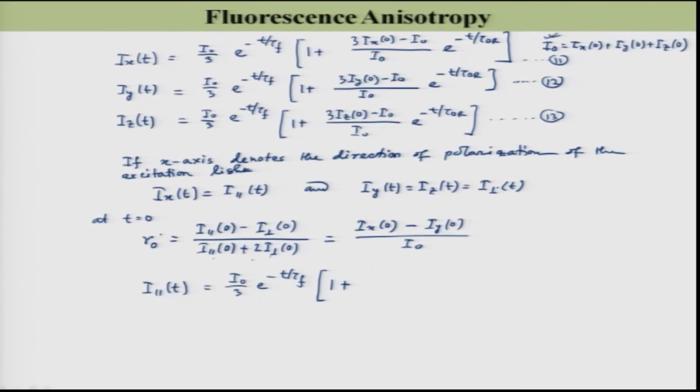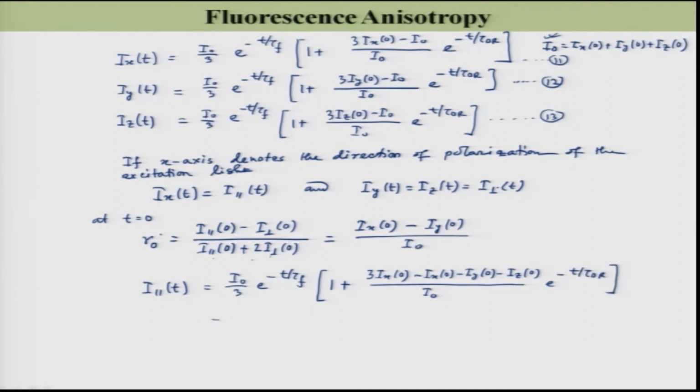Now I will replace I 0 with I x 0 plus I y 0 plus I z 0, so minus I x 0 minus I y 0 minus I z 0 divided by I 0 e to the power minus t by tau r.